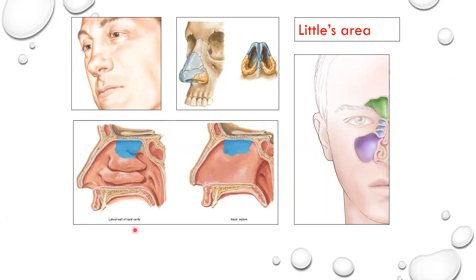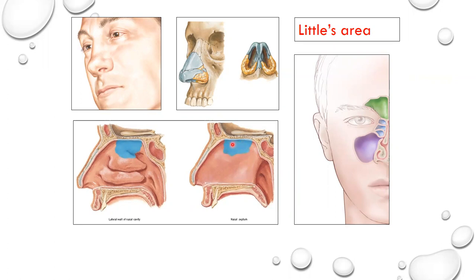Then we learned about the medial and lateral nasal walls of the nasal cavity. So you have to know what the three different regions present in the nasal cavity are, and which structures form the elevations in the lateral nasal wall.